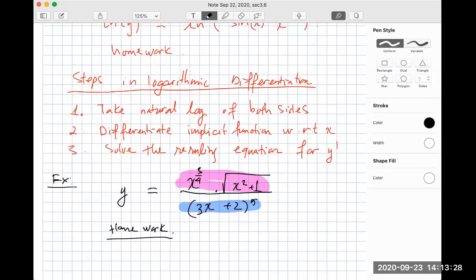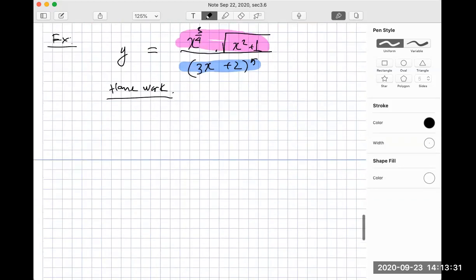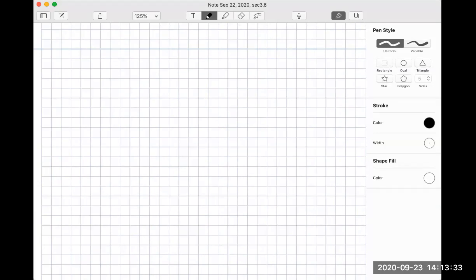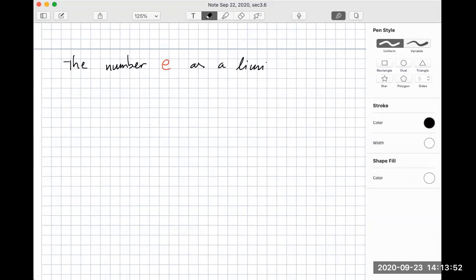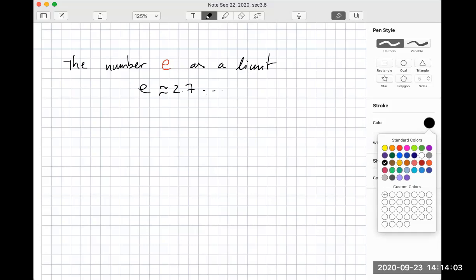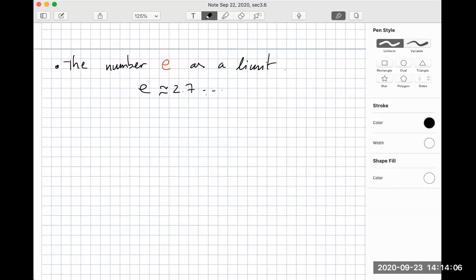And if we would like to compute the number e, it is a limit. We know that e is approximately 2.7 something. That is the number e. And now we would like to compute it in the limit form.